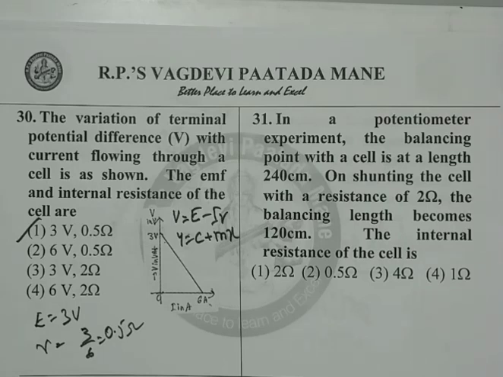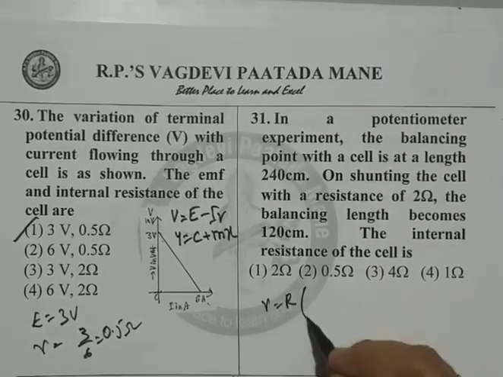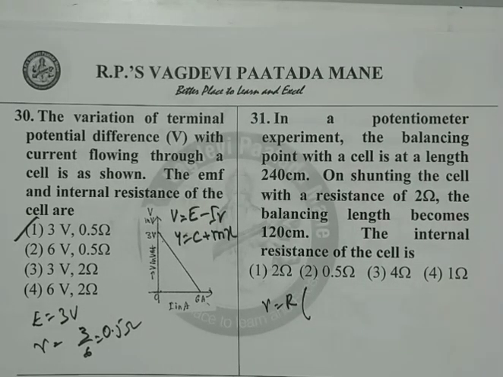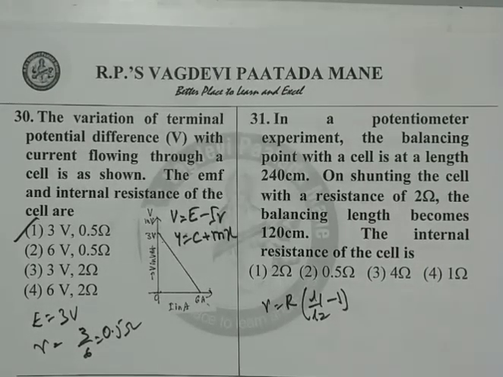Here we can straight away use the formula for internal resistance calculation, what we used in the lab. r equals R into L1 by L2 minus 1 is the formula we can use there.